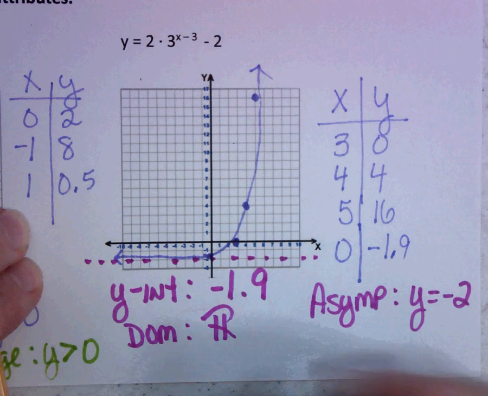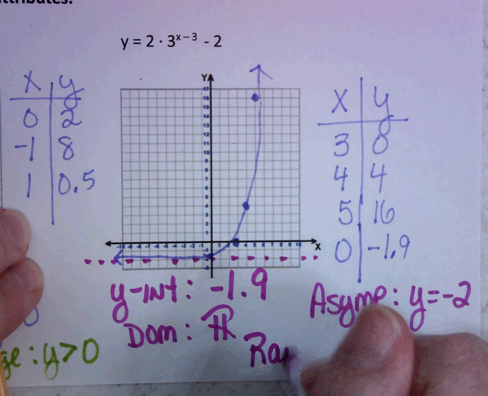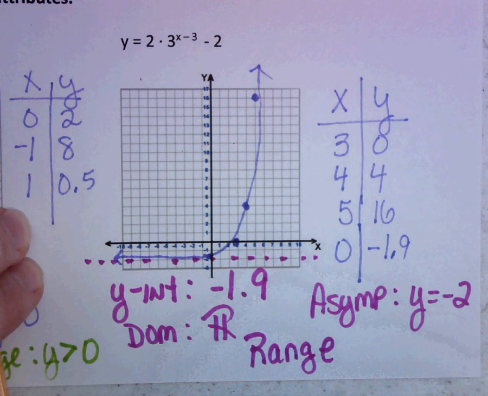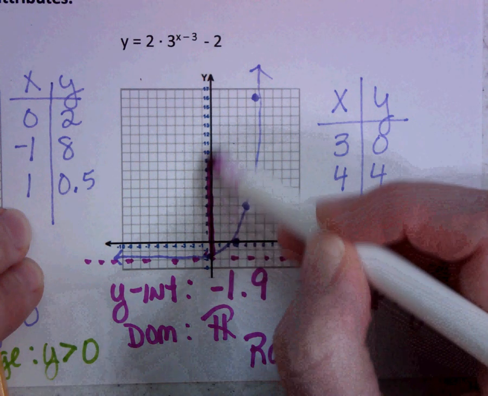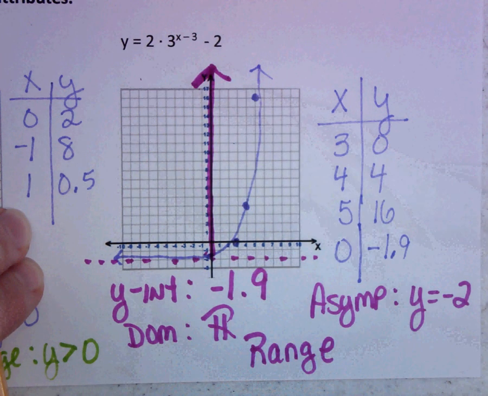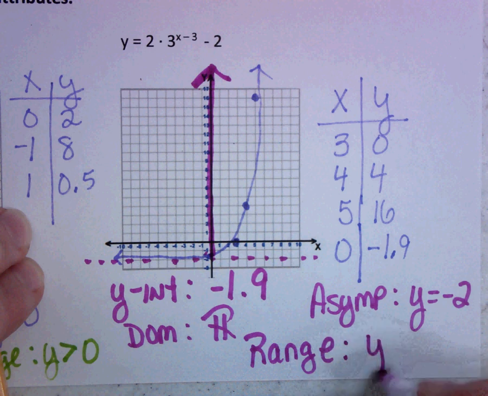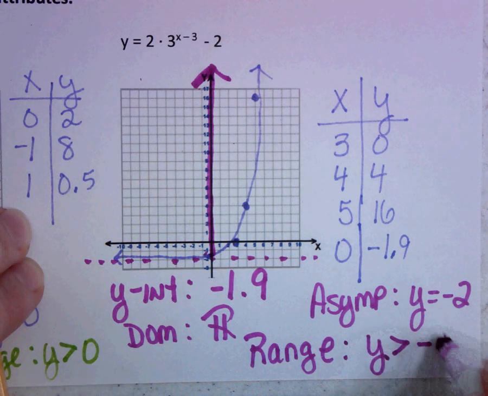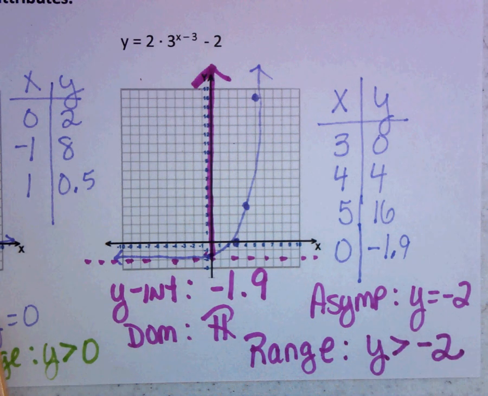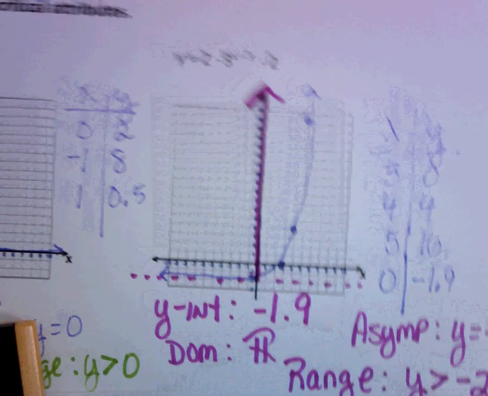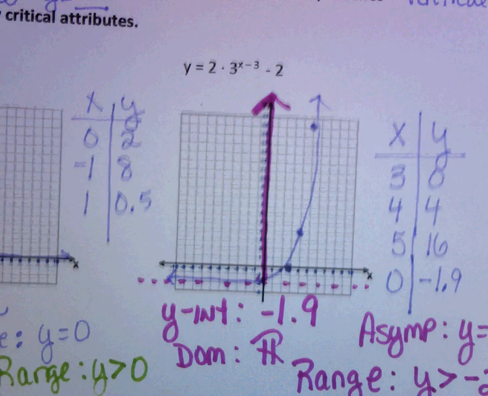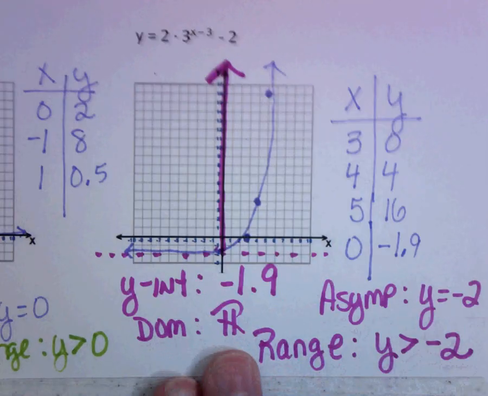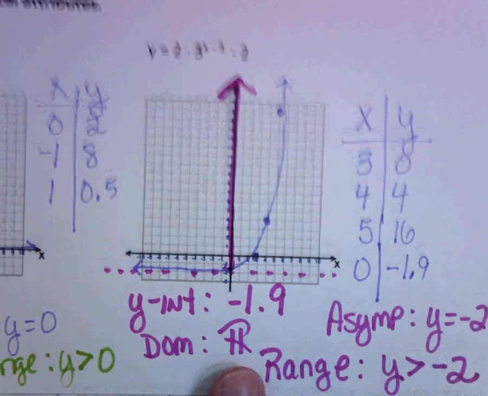And then we're going to base our range on that, because all of our y values are going up from there. So our range is going to be y is greater than -2. Okay, so please go back, and if there's anything that we talked about too quickly, go back and look at what we talked about.